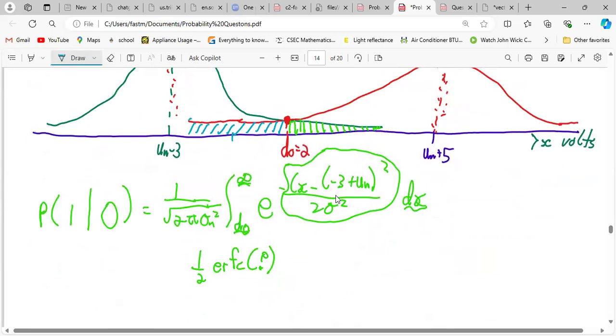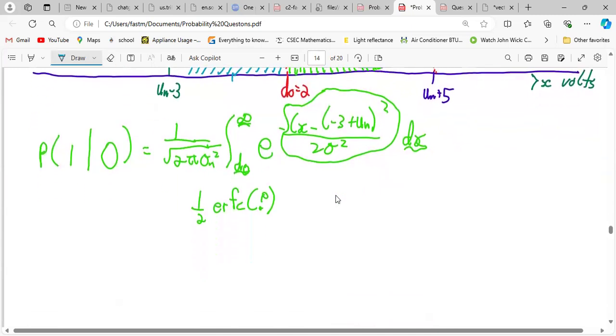Remember, the red is not stopping here. It continues straight. It does get very small. It will go very close to the x-axis, but never touch it. All right, so that will be the probability of getting a 0 given that a 1 was sent. PDF, so you had to integrate the PDF. So sigma squared n.